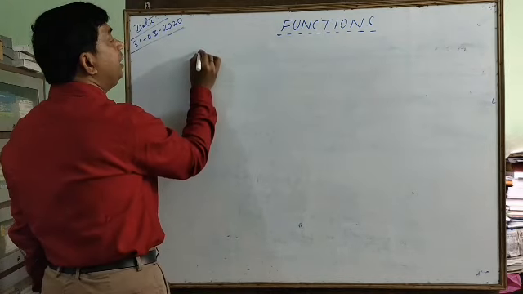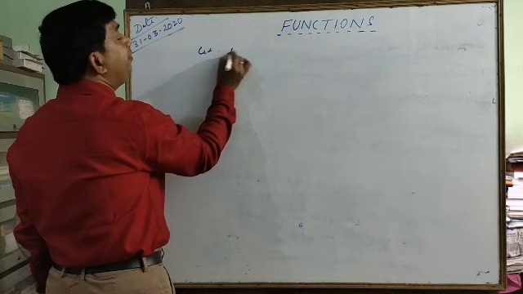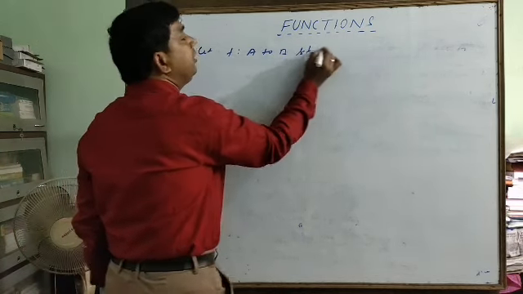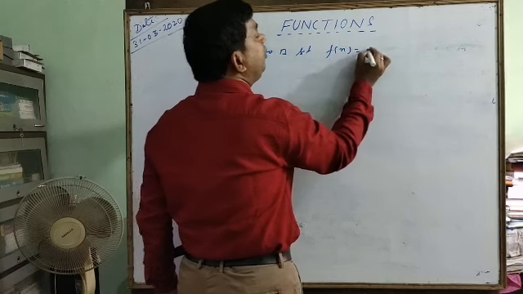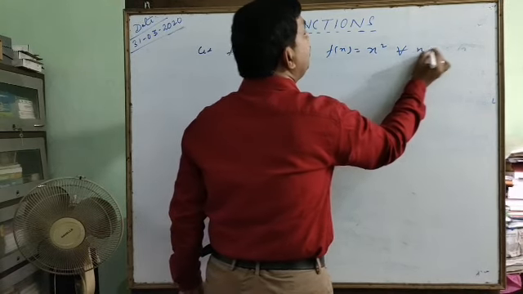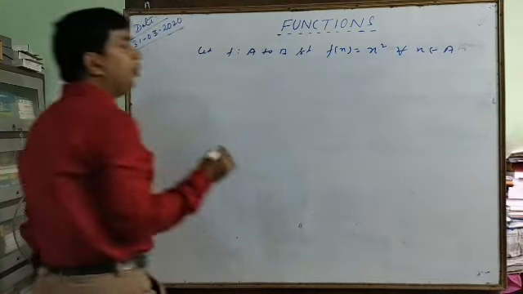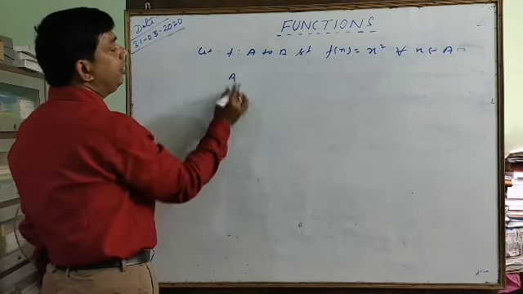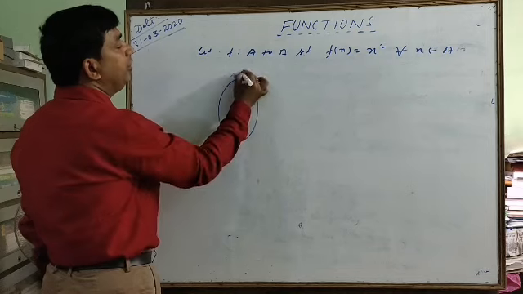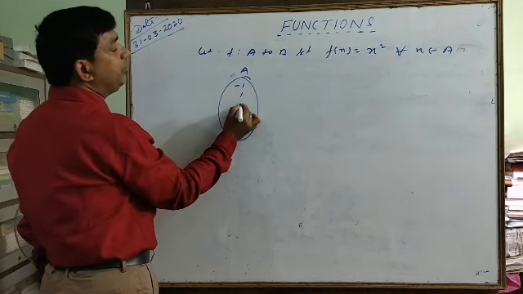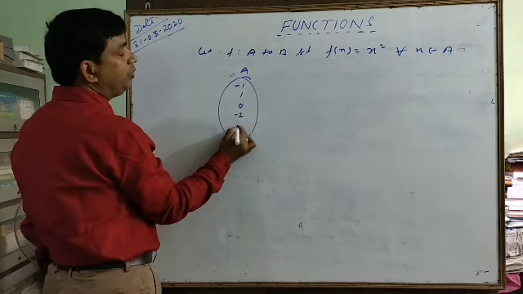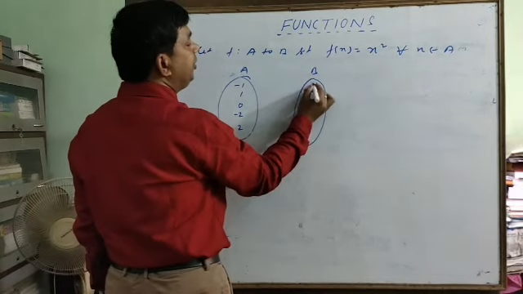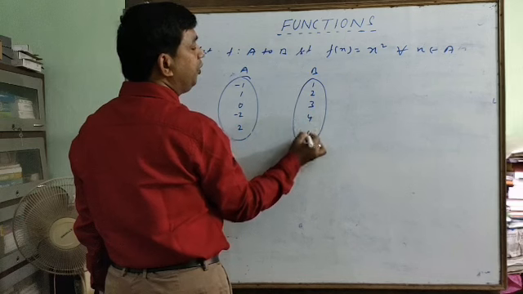For this I have to take another example. Let f be a rule from A to B such that f of x is equal to x square for all x belonging to set A. Now when we take A, suppose -1, +1, 0, 2, -2, and when we take B, this is 1, 2, 3, 4, 5.